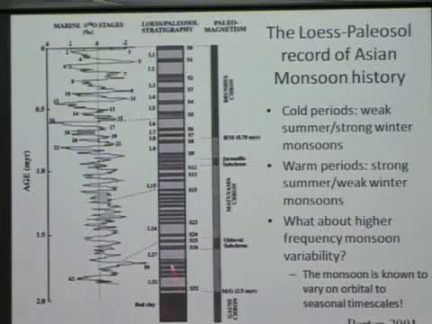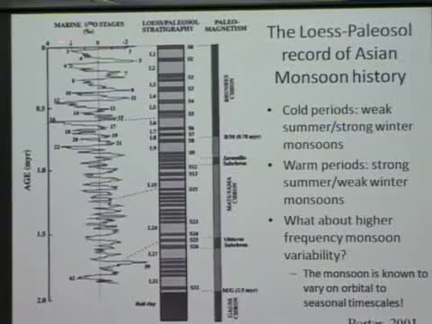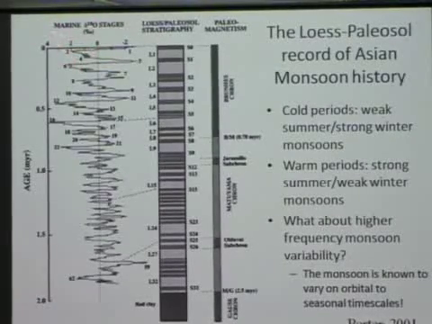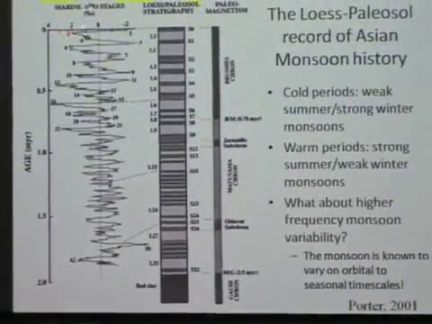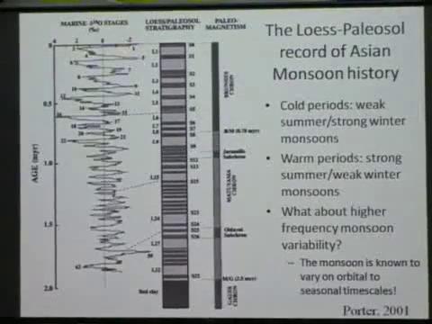So this is a nearly 2 million year record of alternating periods of loess deposition and soil formation in this region. And what was initially noticed from this record is that if you look at it versus, plotted here we have marine delta 18O stages, which essentially are showing changes in global ice volume. So on the left here we have the cold glacial periods, and on the right here we have the warmer interglacial periods.